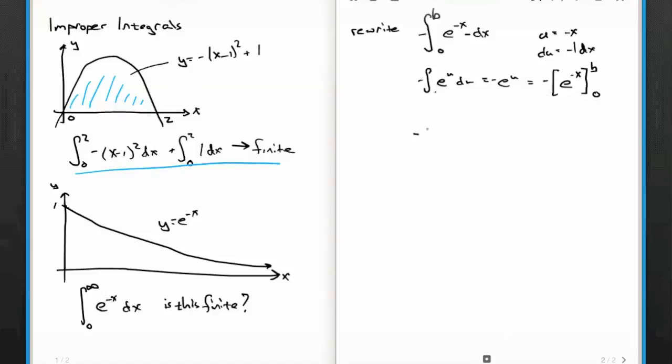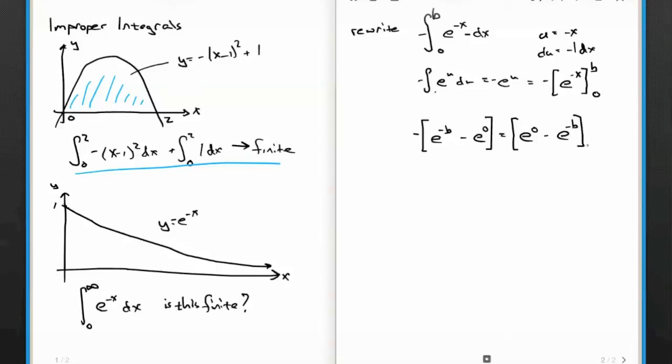So this is going to be negative, and that will be e to the negative b minus e to the 0, and so I don't like this negative negative here, so I'm going to change the order, and so that becomes e to the 0 minus e to the negative b.